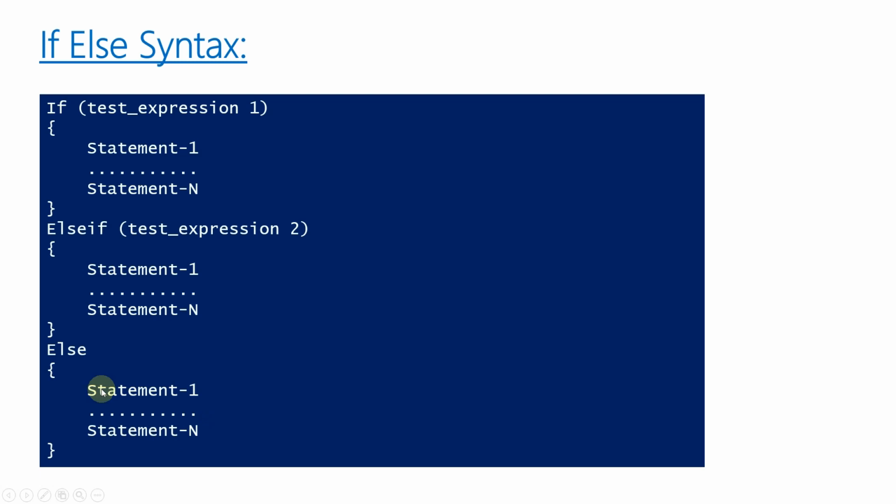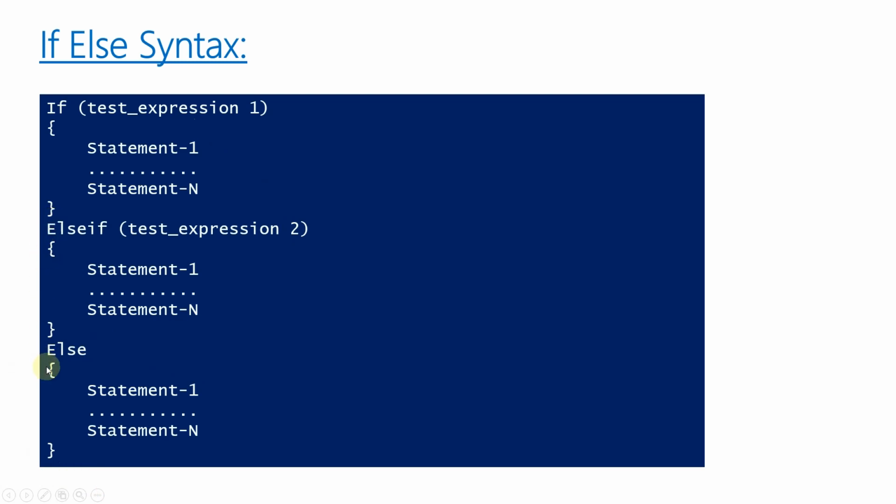Now you can see that we have used a test expression for if and a test expression for else if, but we have not used any test expression for the else statement because this is the default. So if these two expressions are not satisfied, then by default control will come to this code block.